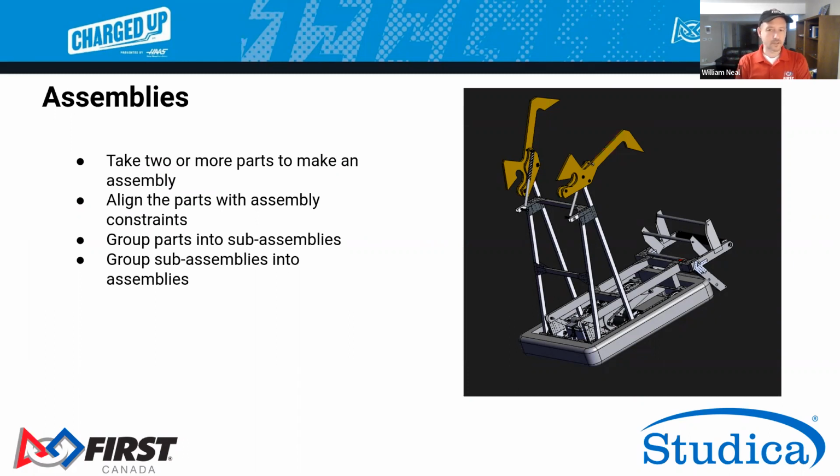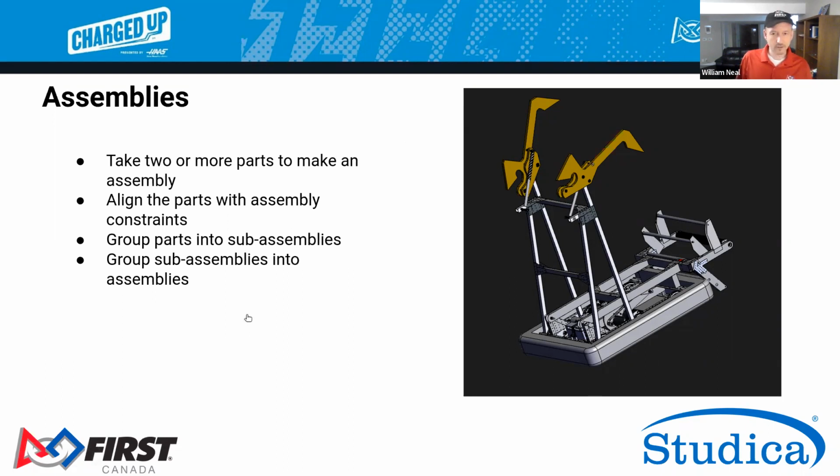So far, I've only been doing their three-dimensional orientation. I have not done some constraints such as one plane meeting another plane and so on. Perhaps we'll go and take a look at how that can happen. And then we group parts into sub-assemblies and group of sub-assemblies into assemblies, as you saw in this EveryBot. It's a tree of sub-assemblies.